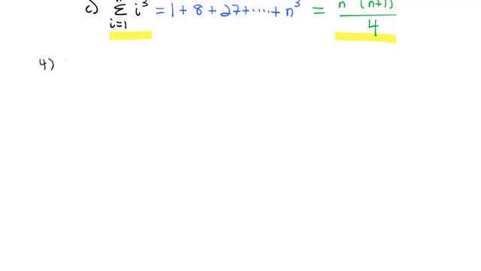Let's actually calculate some sums. Let's start by finding the sum as i goes from 1 to 20 of 3i squared minus 4i.